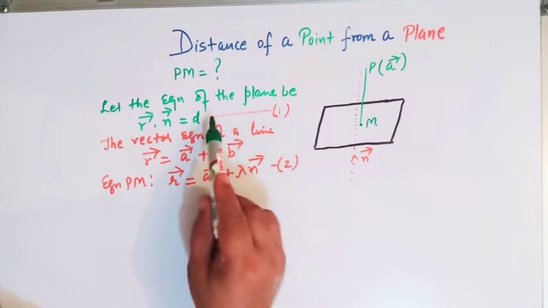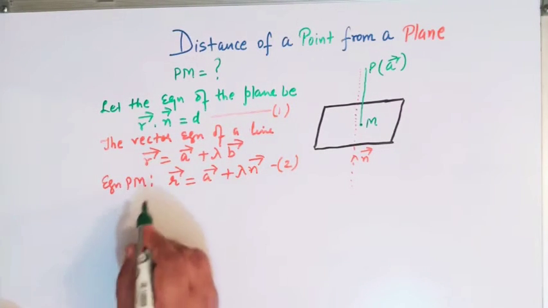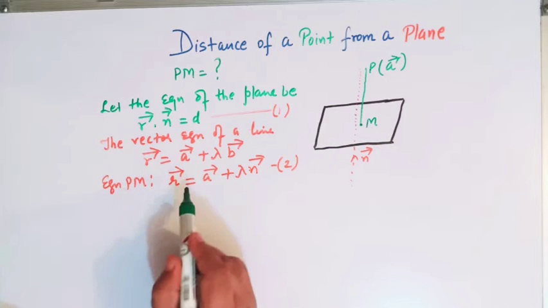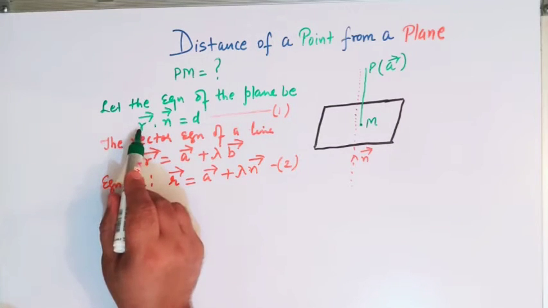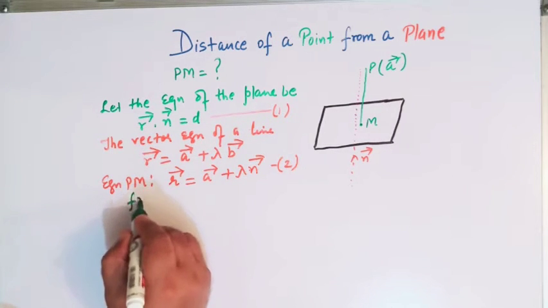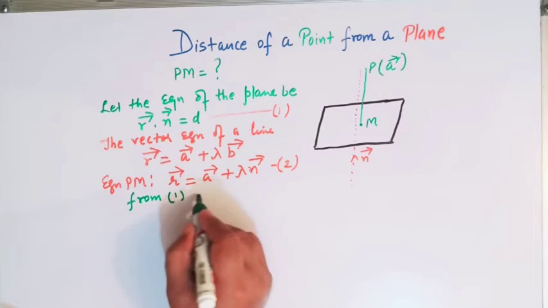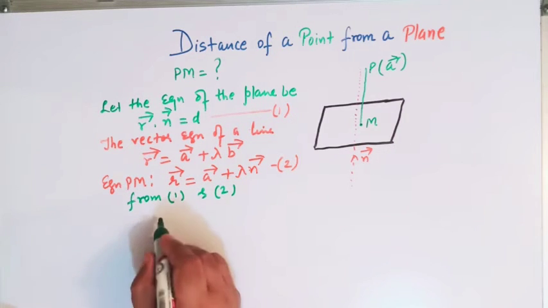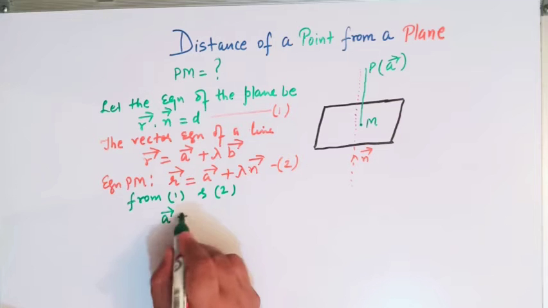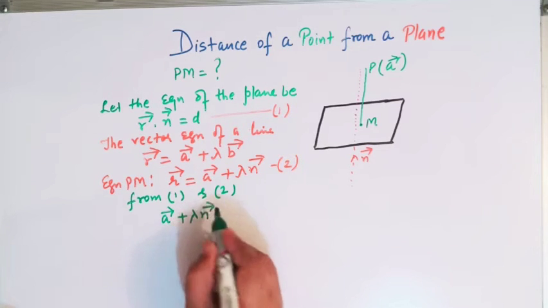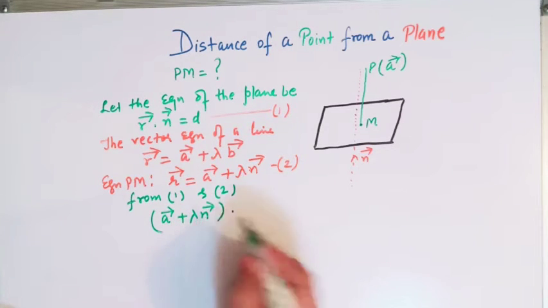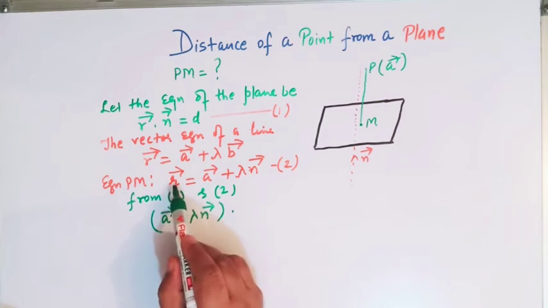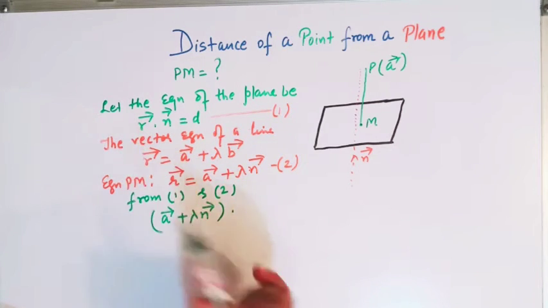Now from equation 1 and equation 2, if we substitute this value of vector r, we have vector A plus lambda times vector n dot vector n is equal to d. Here we have substituted this value of r in this equation.